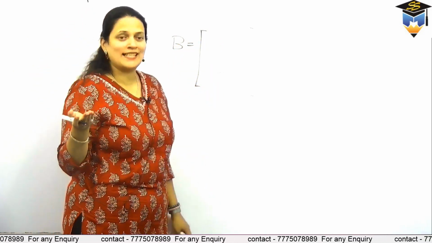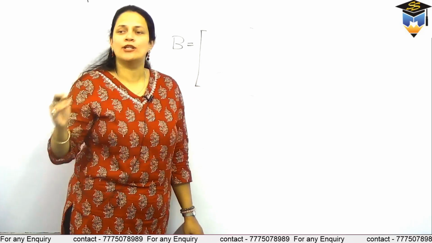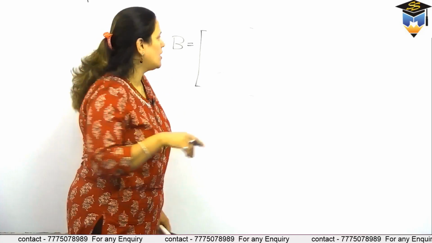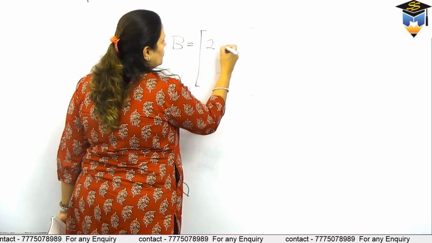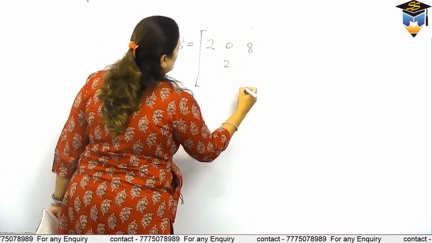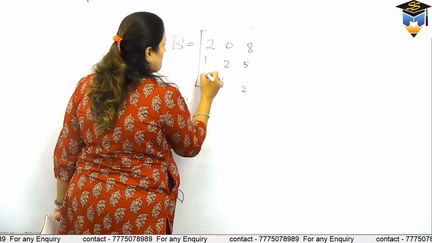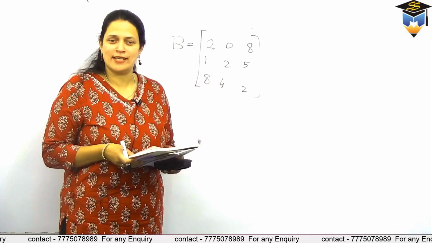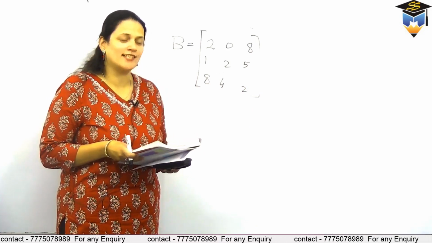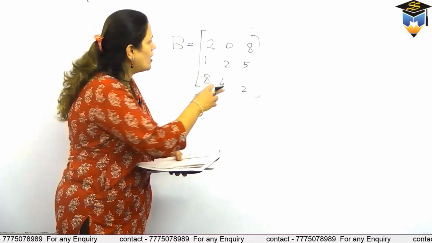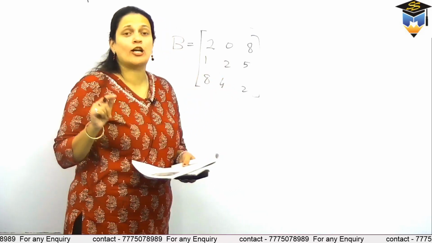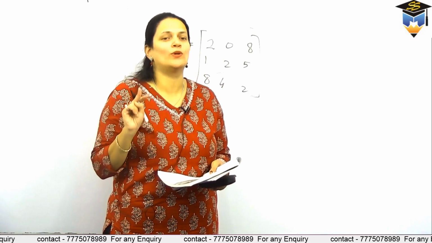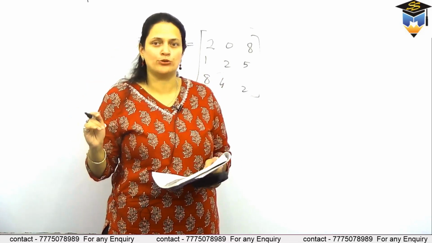Scalar matrix means all the diagonal elements have to be equal to the same number, right? So if I say 2, 0, 8, can we say this is a scalar matrix? Yes, it's a scalar matrix. Why? Because the diagonal elements are all one and the same. The diagonal elements are 2, 2, 2 in this case.